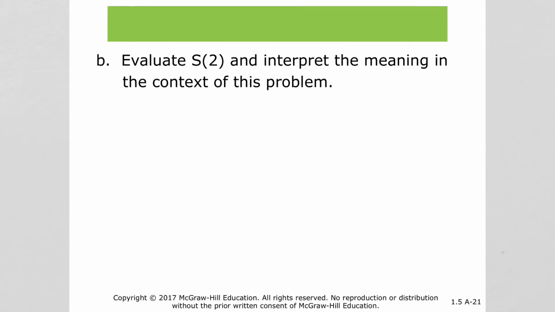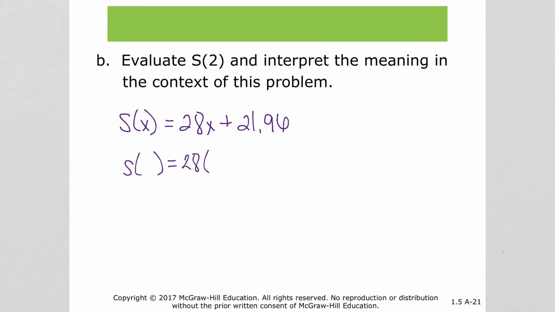For part B, it wants us to find S of 2. So, to find S of 2, we're going to plug in 2 for X. And that gives us 77.96.